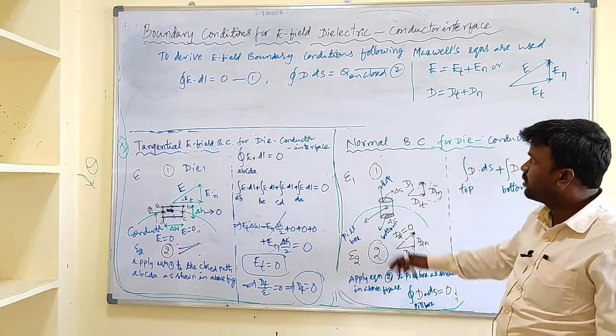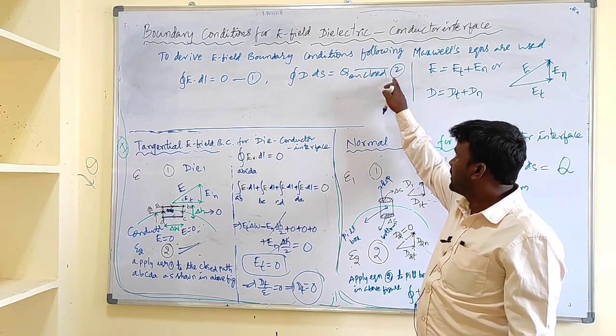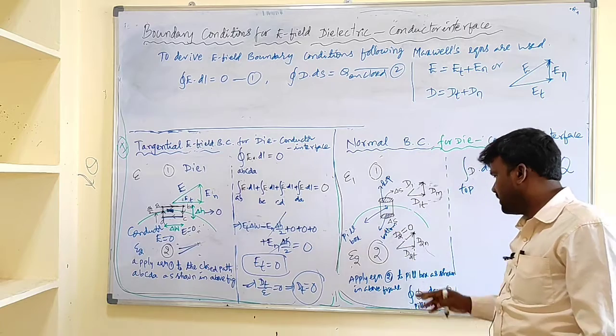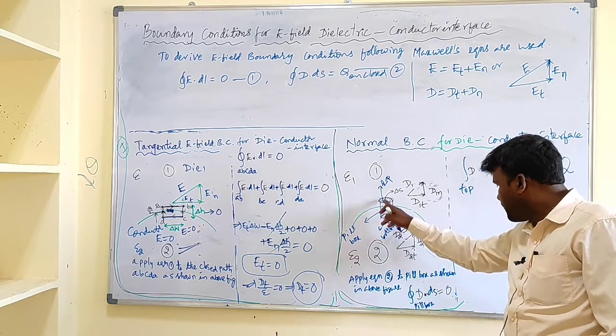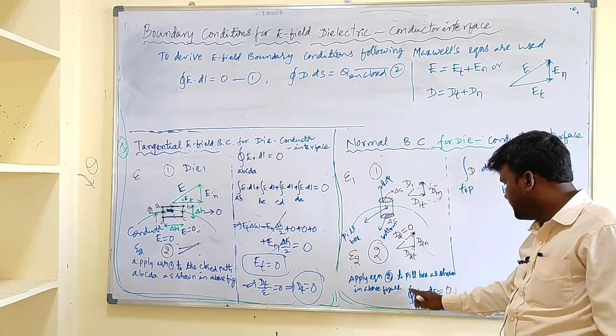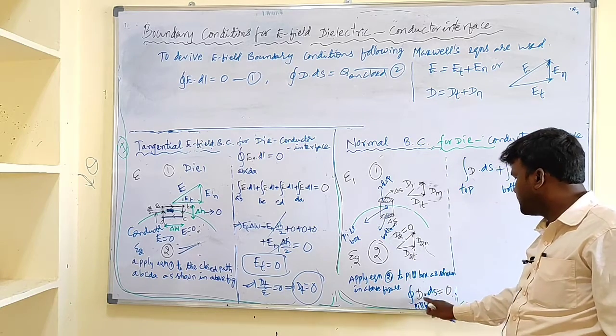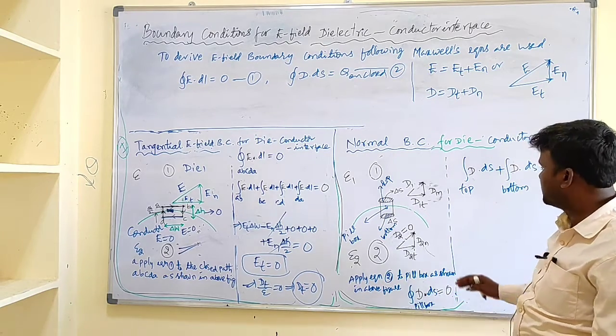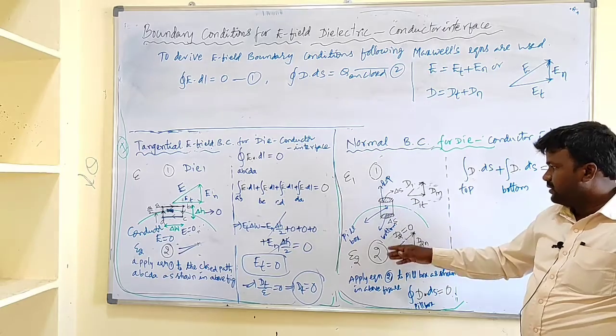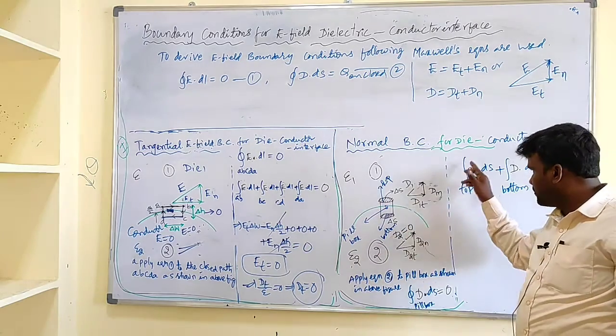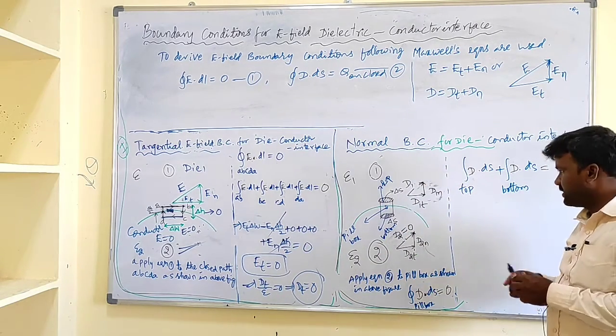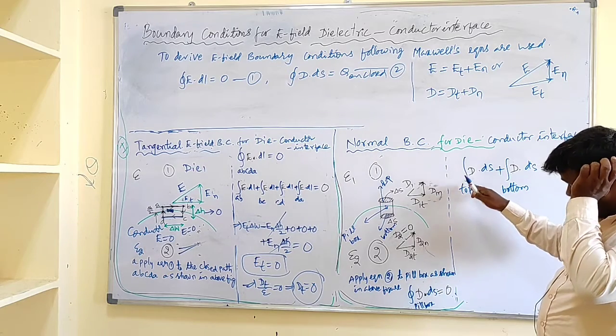In order to derive the normal boundary conditions, we need to apply equation 2 to this field box, as shown in the figure, that is, the integral of D dot dS equals Q. For the side surfaces it becomes 0, whereas there is a contribution from the top and bottom.